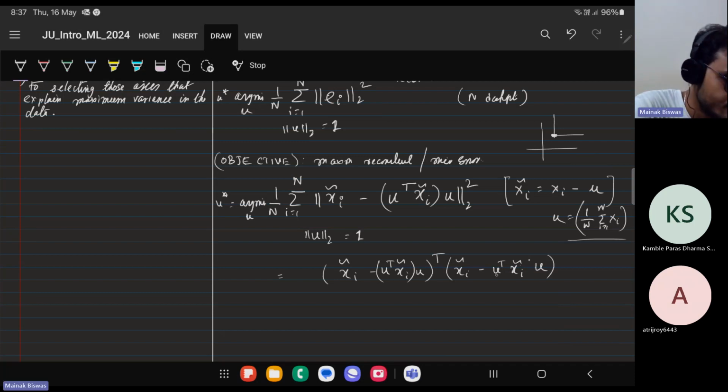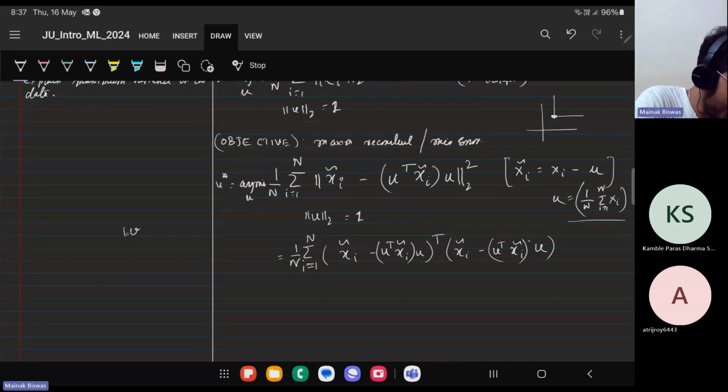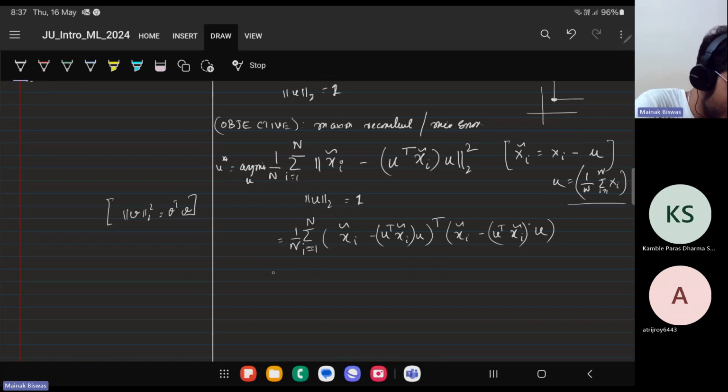Can I write this? Yes, just writing v square as v transpose v, which is the dot product with itself, the norm.